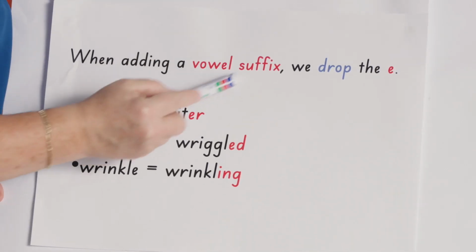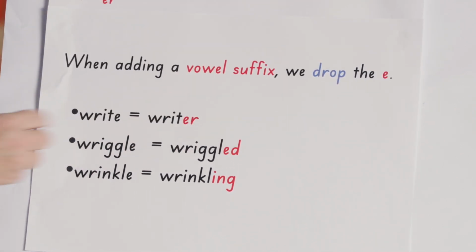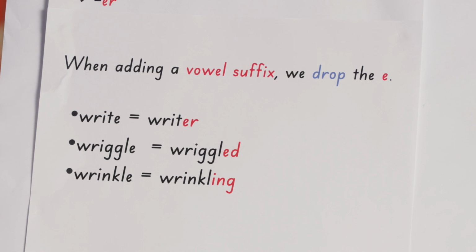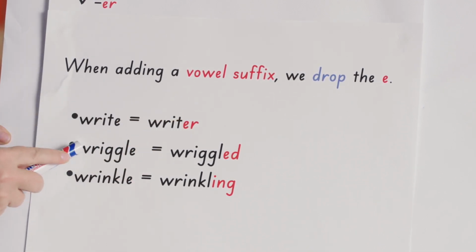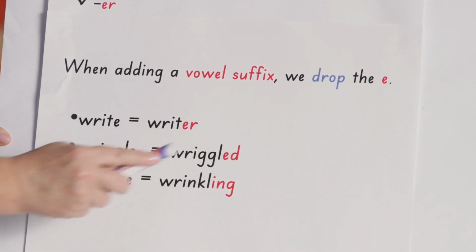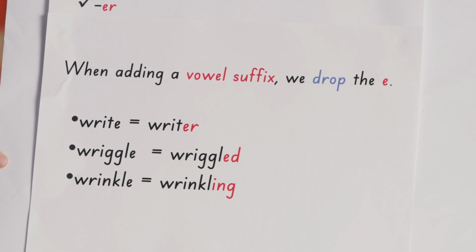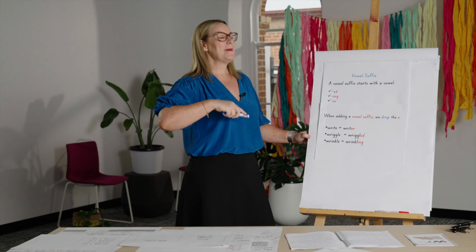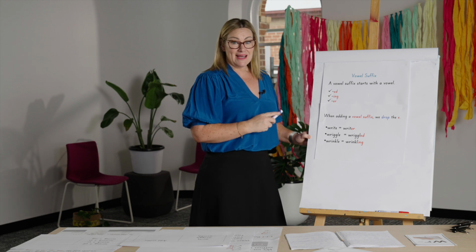When adding a vowel suffix, we drop the E. You wouldn't want to see 2 E's here. It would look really unusual. So, write becomes writer, wriggle becomes wriggled, wrinkle becomes wrinkling. Excellent. Check your work, give yourself a tick, make it an enormous one. And let's go on to our next task.